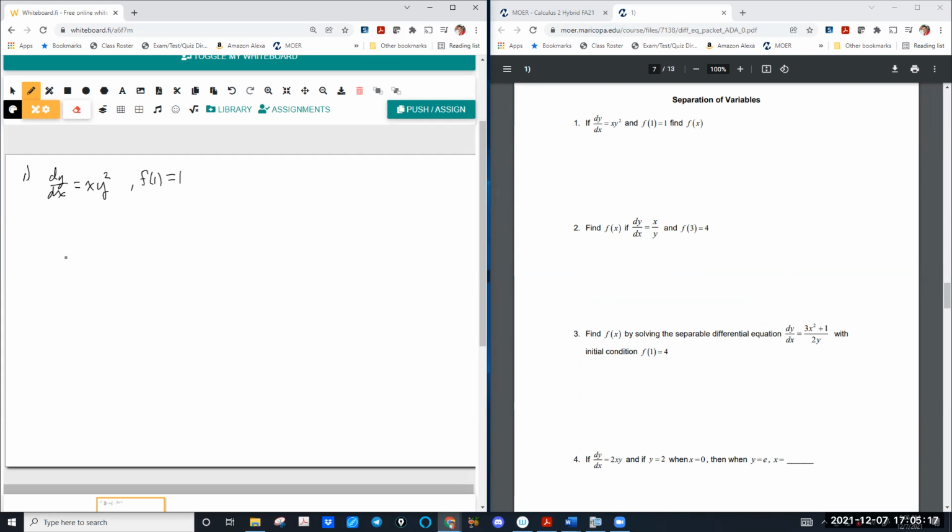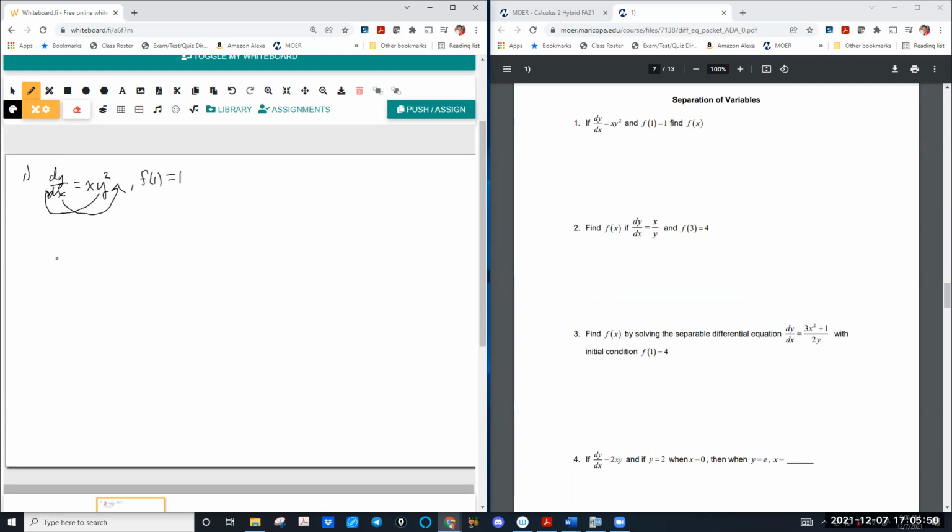All right, so basically what's happening with separation of variables is we're separating the 2 variables to each side, and then we'll anti-differentiate both sides. And whatever is on top here on the left, that's what's going on the left. Whatever's on bottom here on the left goes to the right. So basically, I'm taking this piece and moving it over here via multiplication, taking this guy here, moving it here via division, okay?